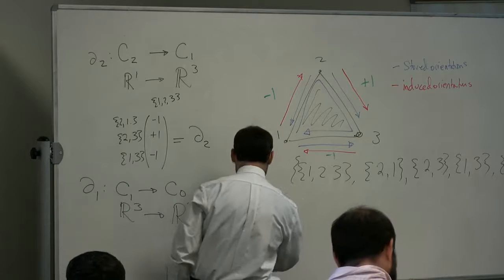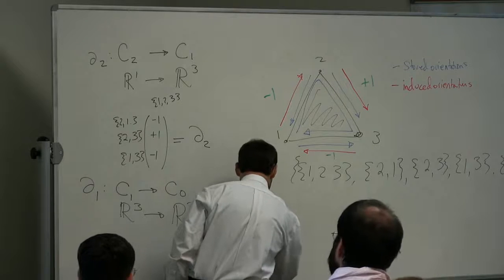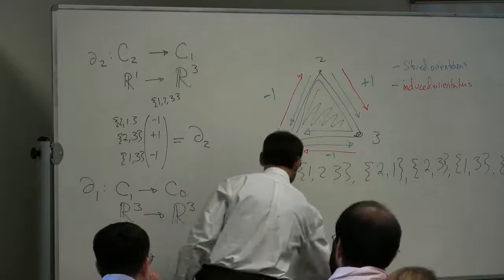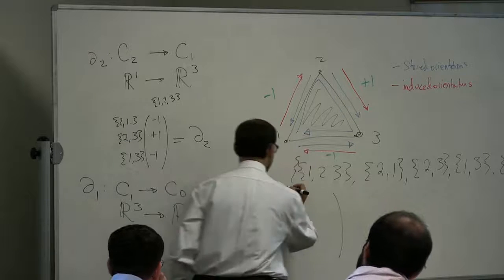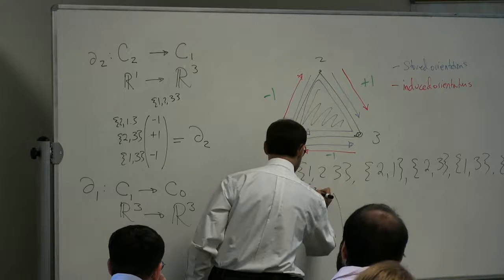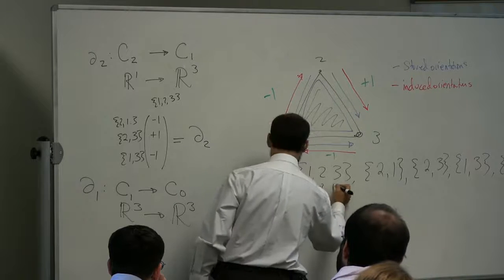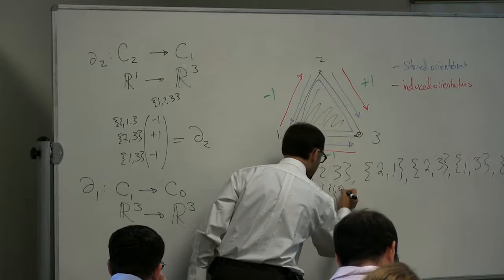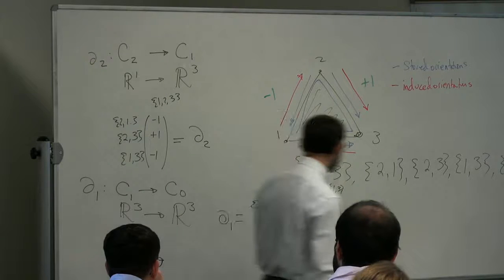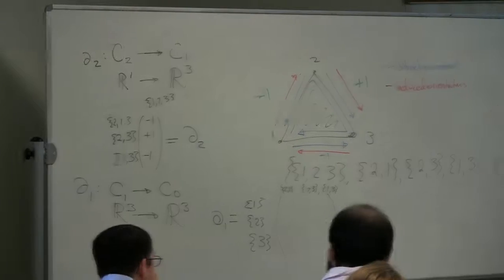So let me list out the vertices. There's vertex 1, vertex 2, and vertex 3. And the same ordering here: 2, 1, 2, 3, and 1, 3. And I'm going to be making use of the orientations as listed. So which are the orientations as listed? Let's just use this formula as written here.